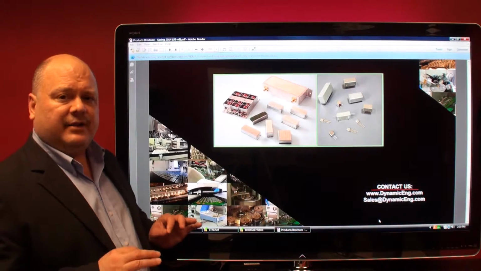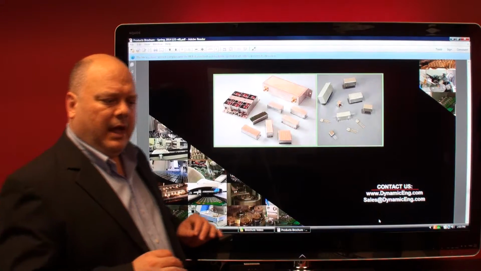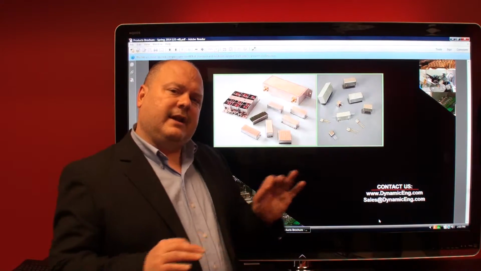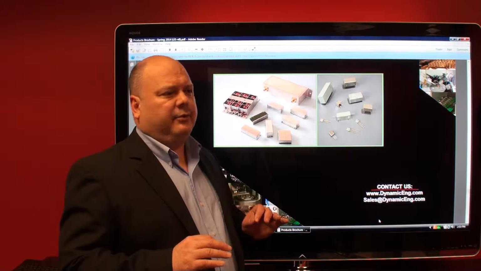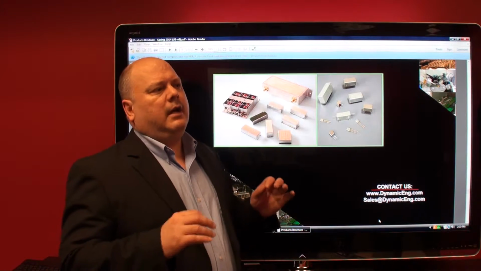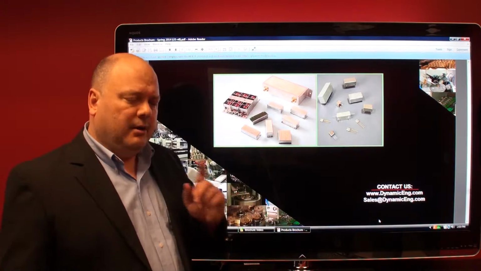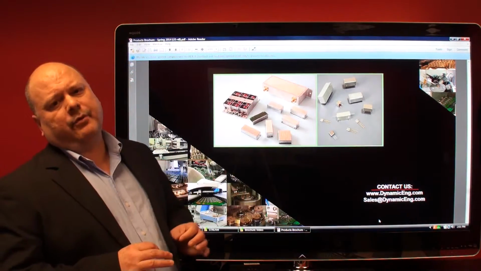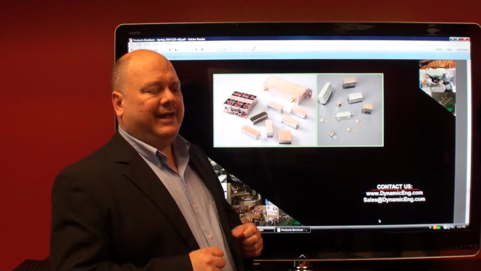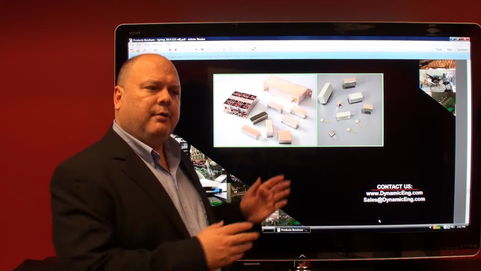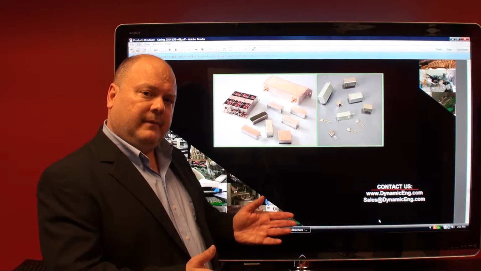In the process of making a crystal filter, and again in another training session, we could have a 3 or 4 hour discussion on how to manufacture crystal filters, the manufacturing process flow. But let me say this, all the critical parameters are tested and screened throughout the assembly and test of the filter.